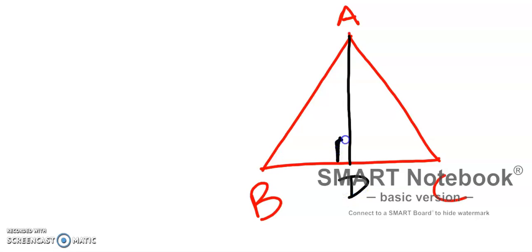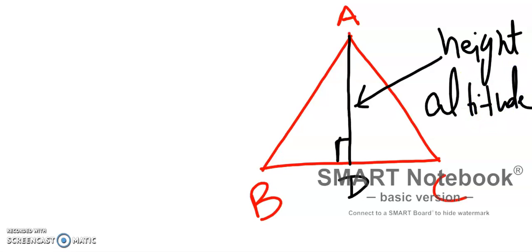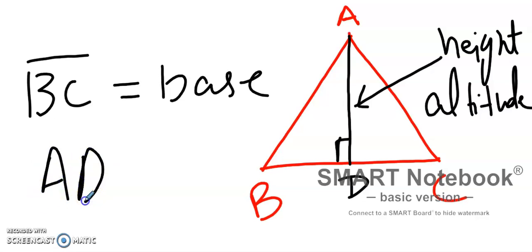For example, this is your triangle ABC. In the same way as in the parallelogram, if I drop a perpendicular from point A on side BC such that this point is D, this will make an angle of 90 degrees. So this is the height, or you can say the altitude of this triangle, in which side BC is your base and AD is your perpendicular, meaning this one is the height.